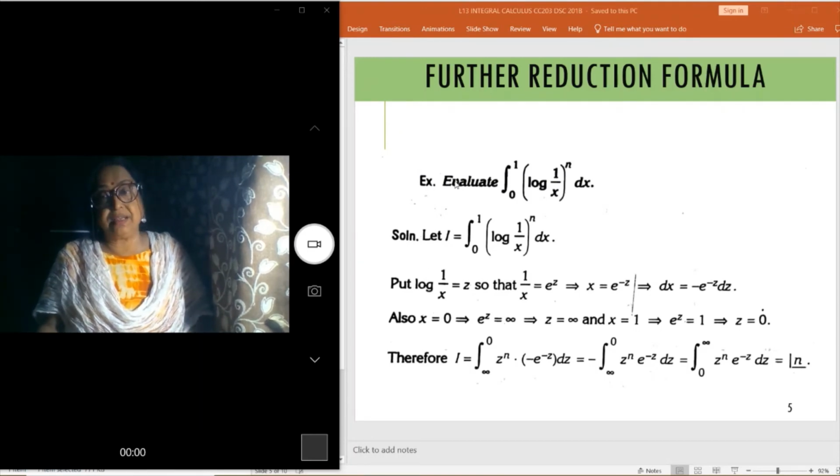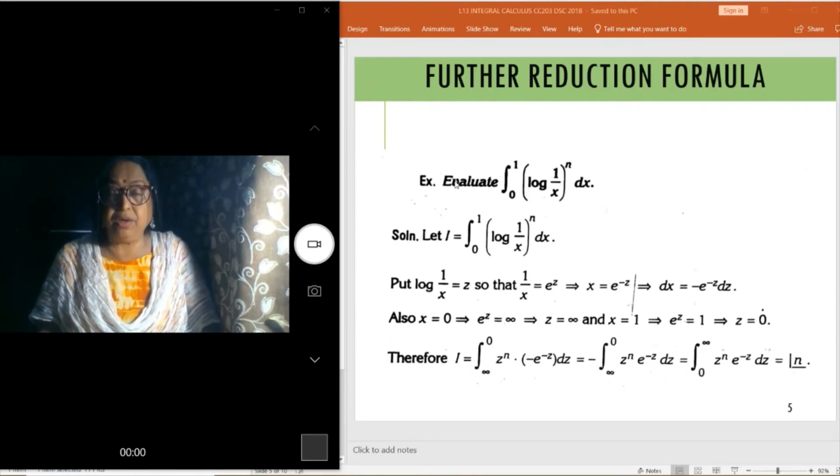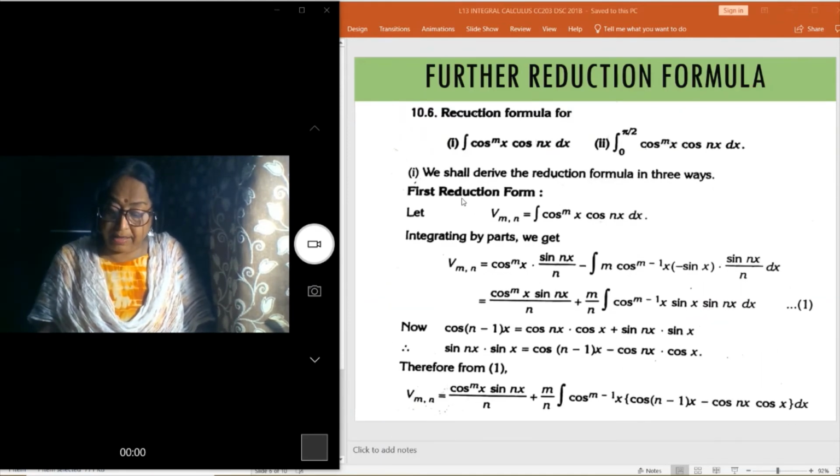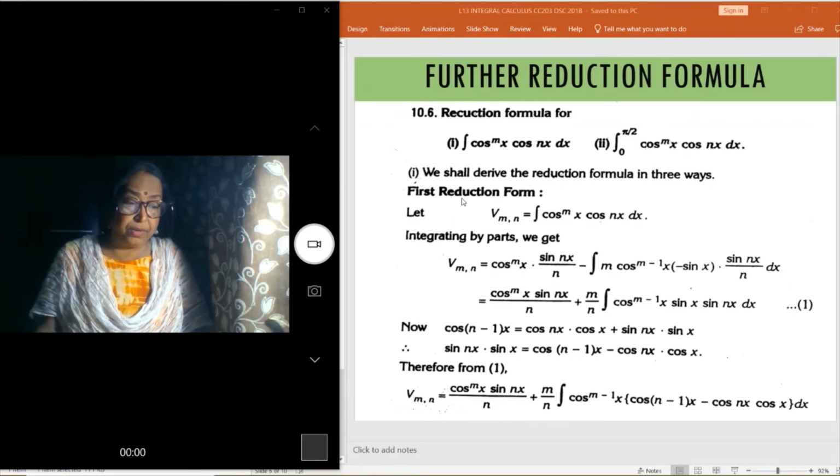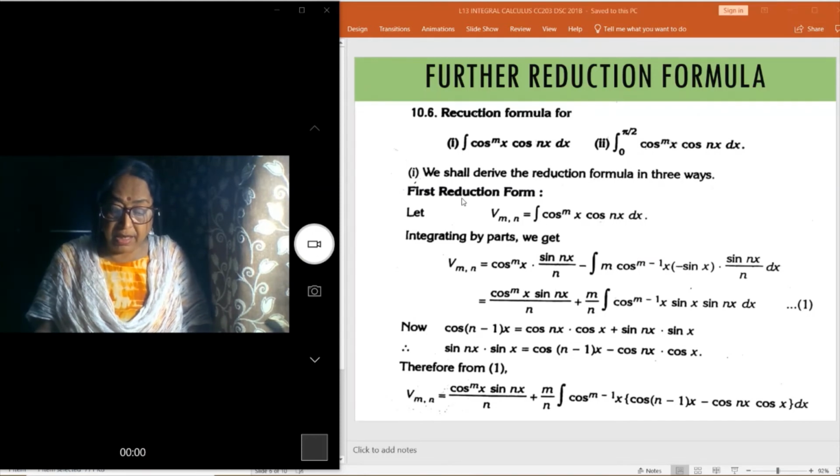Now we will discuss another reduction formula into the form cos to the power mx into cos nx. Last day we have done cos to the power mx into cos to the power nx, but here today we will discuss cos to the power mx but cos nx, or integral 0 to pi by 2 cos to the power mx into cos nx dx.